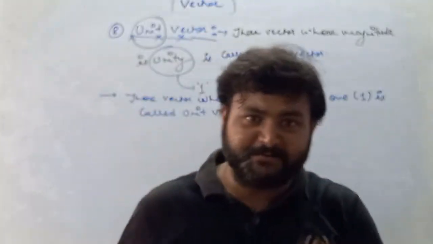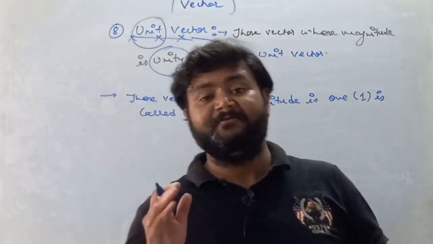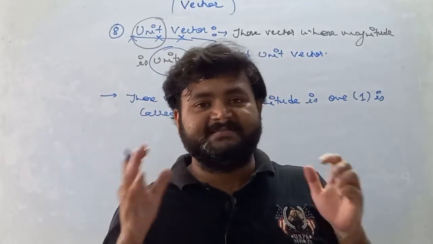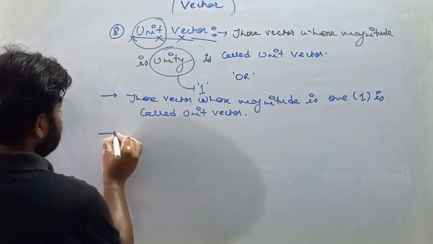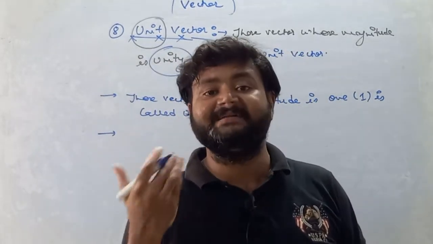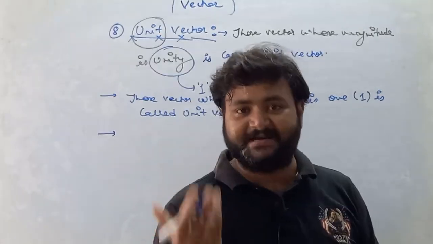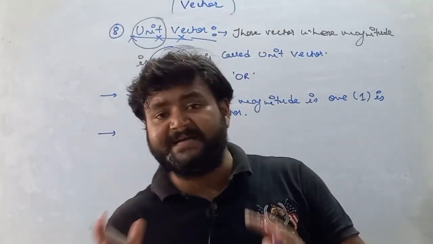If the magnitude of vector is only one, then we'll say that vector is to be unit vector. Now see, my dear student, these types of vectors are only used to define the direction of any vector quantity. There is no any use more about unit vector.